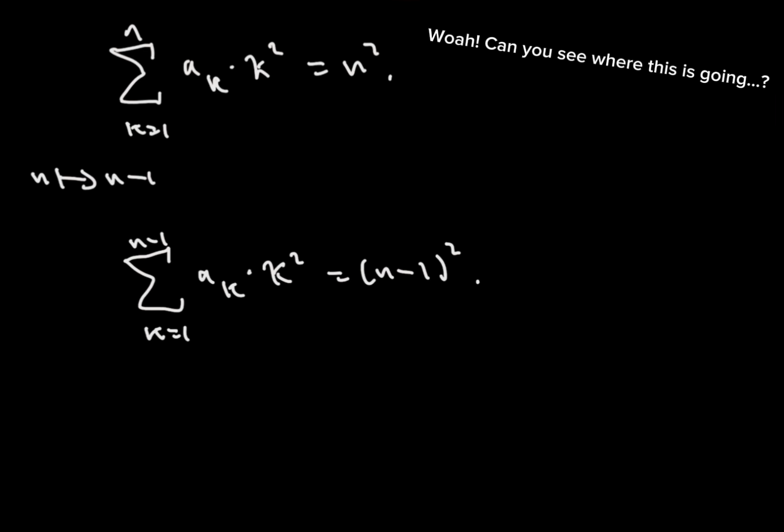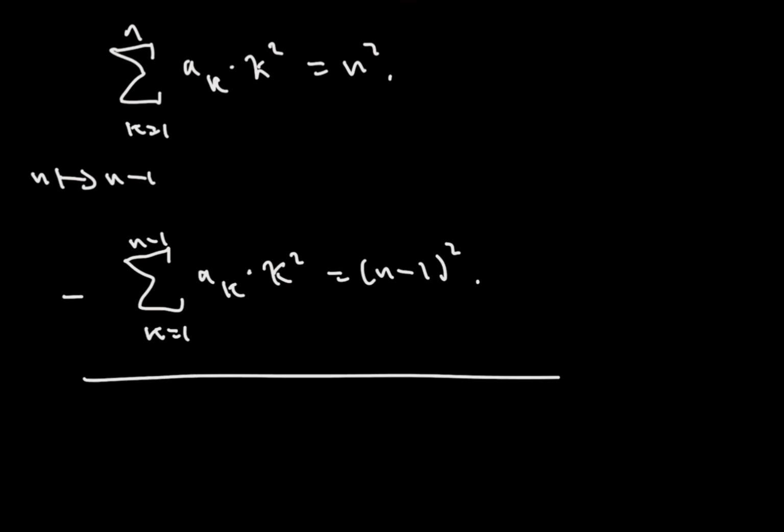Now here comes the trick. We subtract the bottom sum from the top sum. A lot of terms on the left-hand side cancel out. The only term left is for when k is equal to n, which is a sub n times n squared. And the right-hand side becomes n squared minus (n minus 1) squared.